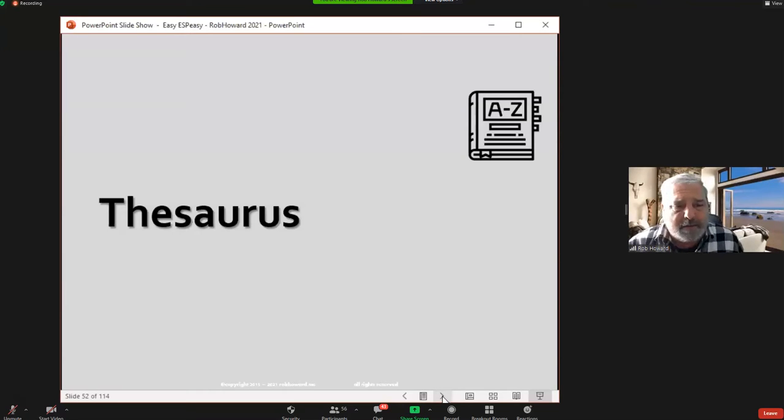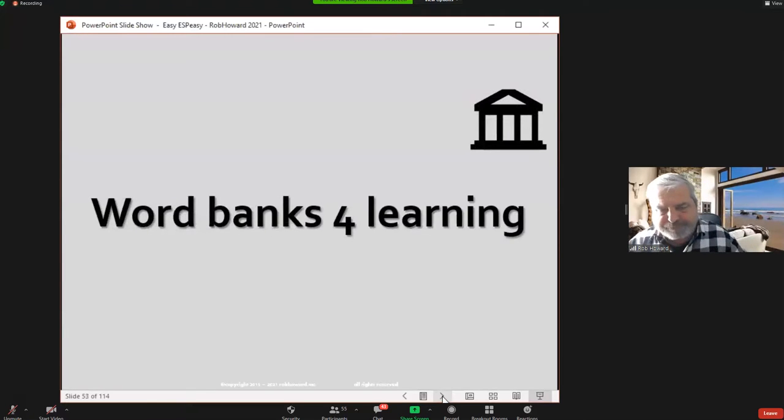In the old days, I had a thesaurus in front of my dictionary on my desk. Now it's one of my first clicks in my browser because I constantly use a thesaurus. And this is the way that they're going to build up their vocabulary, talking about things other than just specific words for the job.